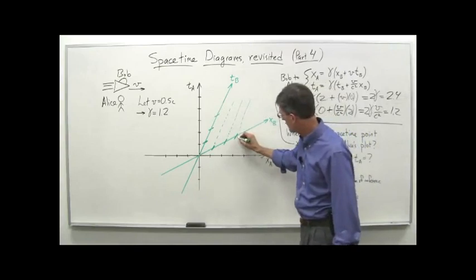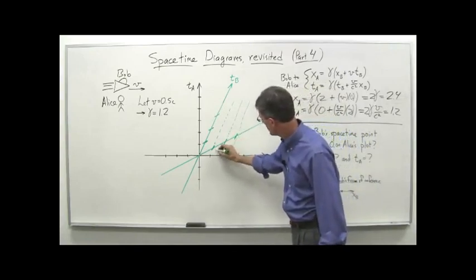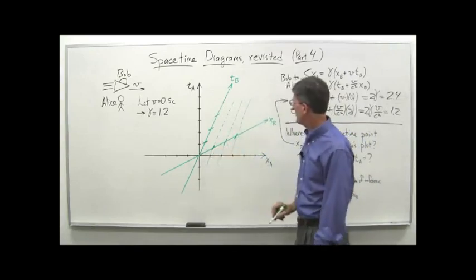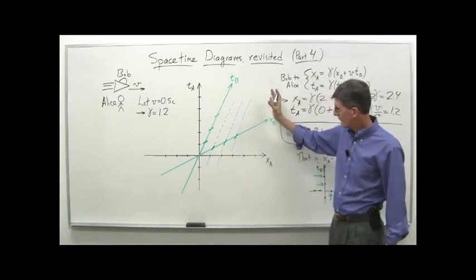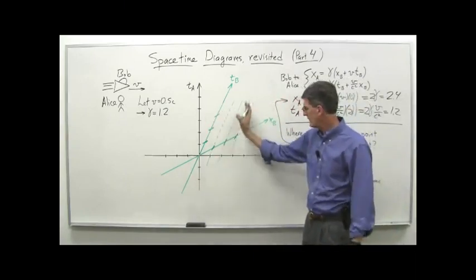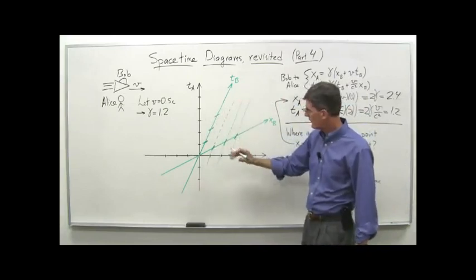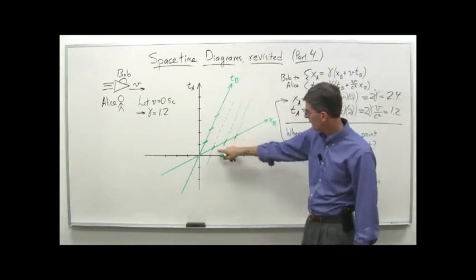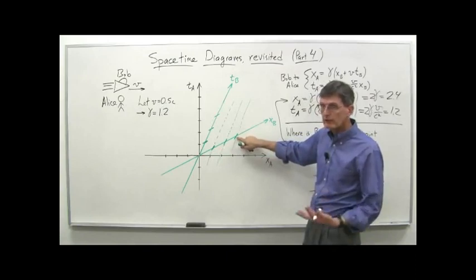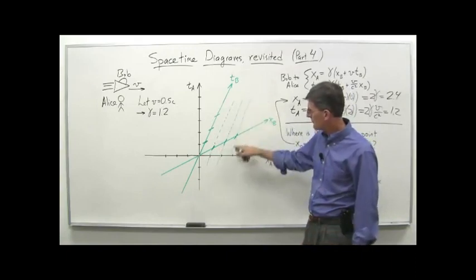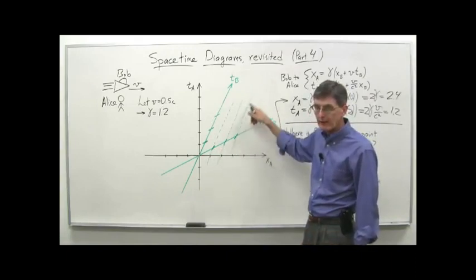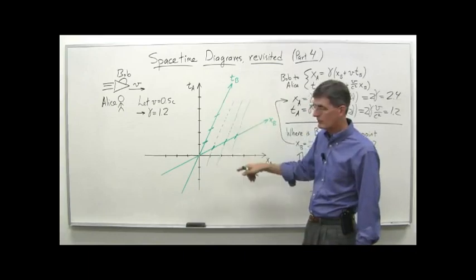Okay, and extending down too, of course. All the way down there. Okay? And those are lines of same location here for a given value of x sub b. So this is 3 light years on the x sub b axis right there. And anywhere on this line here, as far as Bob is concerned, those would be events that happen at 3 light years for any given time.